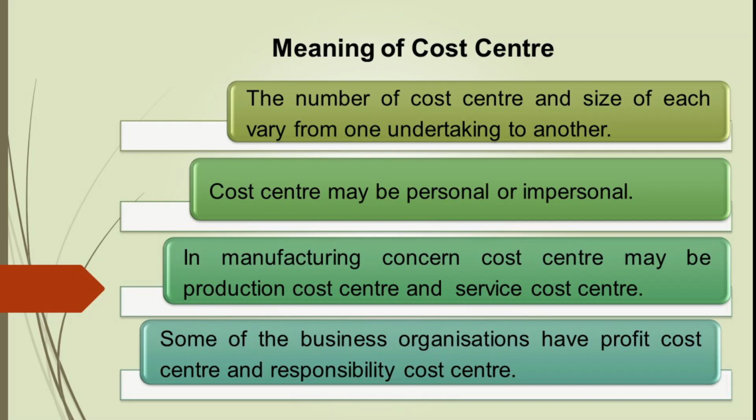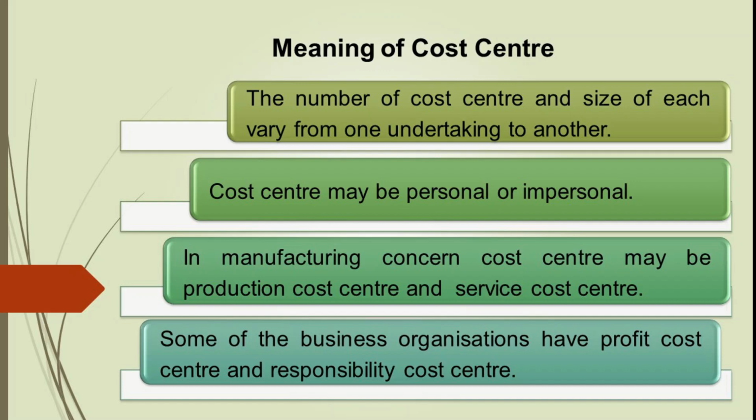Thus, production cost centers are engaged in production activity by conversion of raw material into finished products, whereas service cost centers are those which are ancillary to and render service to other production and service cost centers.